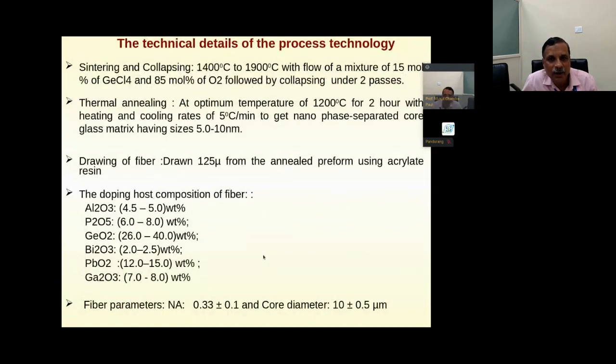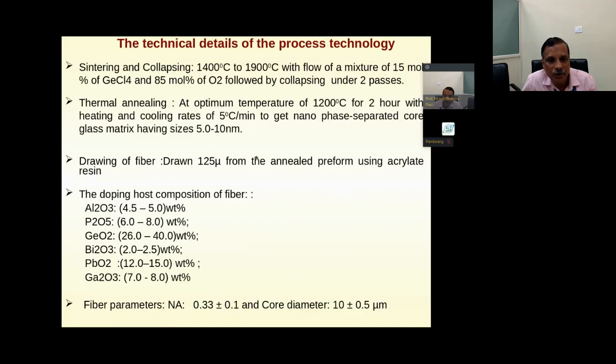After making this kind of preform, we go to thermal annealing at 1200 degrees centigrade for 2 hours, with a cooling and heating rate of 5 degrees centigrade per minute, to generate 5 to 10 nanometer phase separated particles.